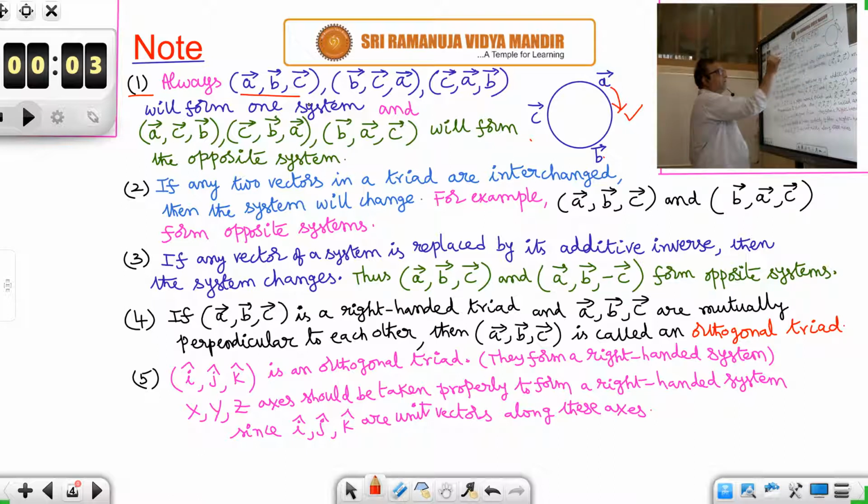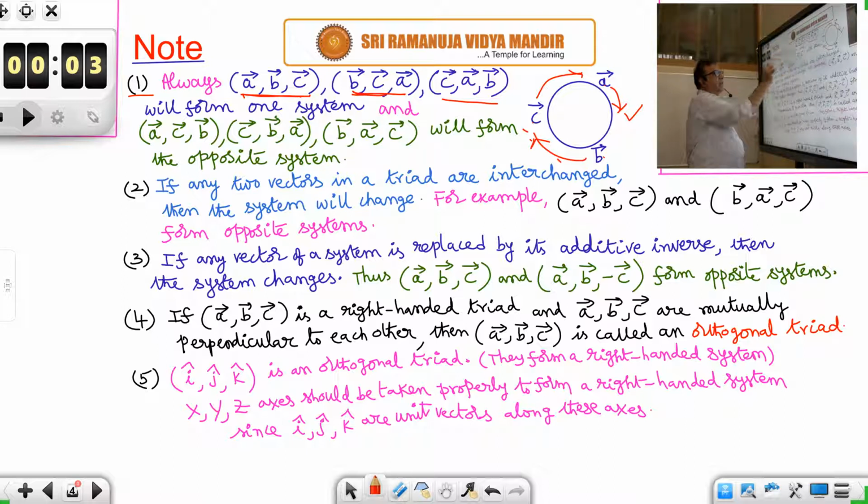That is the first one. Now starting with B bar, go clockwise: B bar, C bar, A bar, second one. Now starting with C bar, go clockwise again: C bar, A bar, B bar. All clockwise only, the starting point is different.